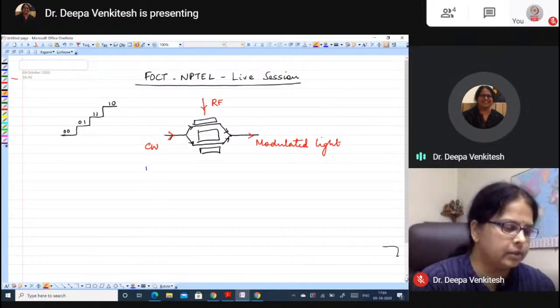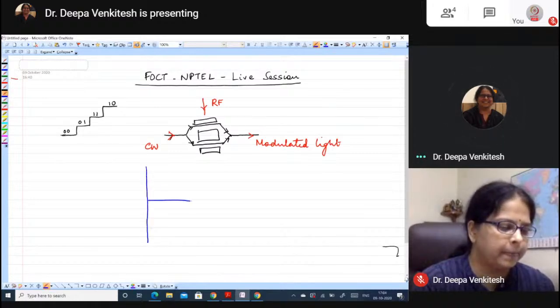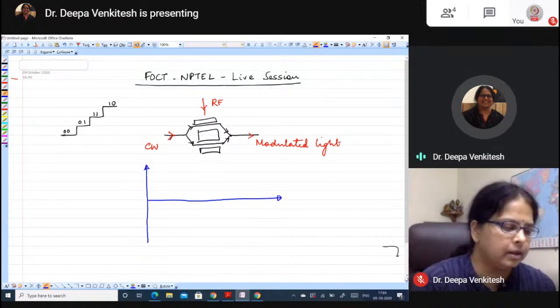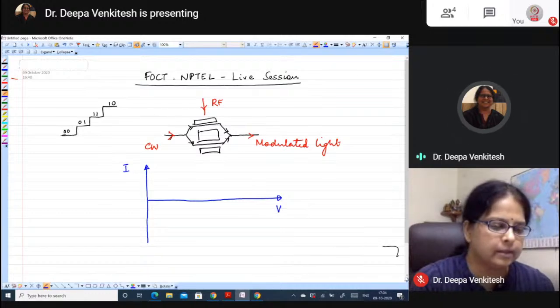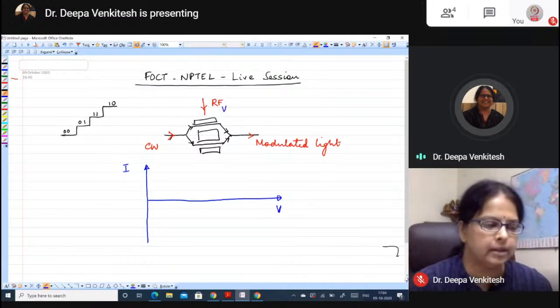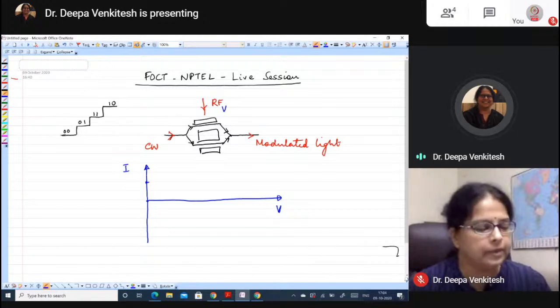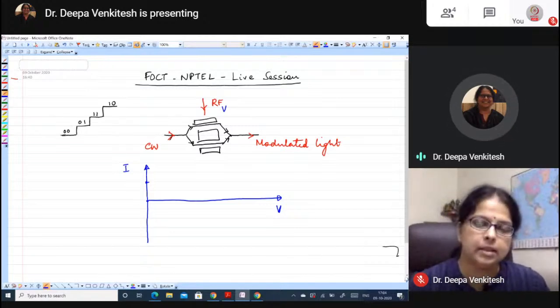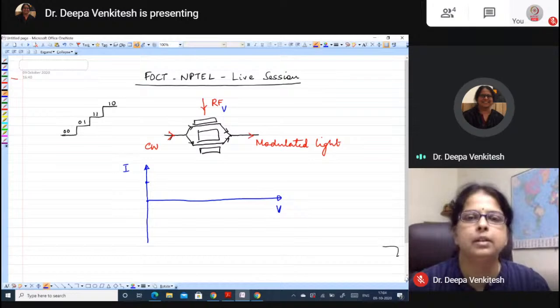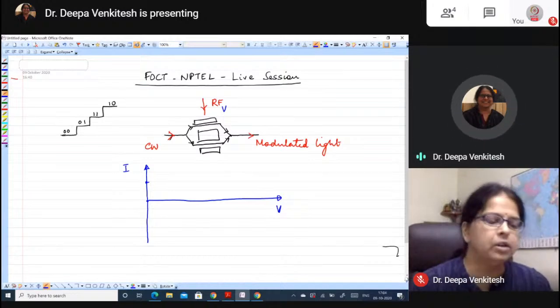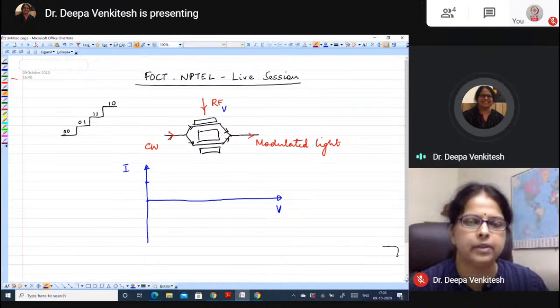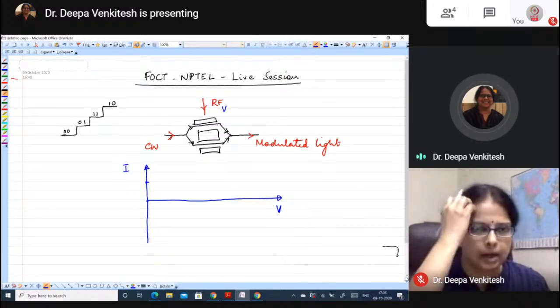Now, if you look at the transfer function of the modulator, which is your output intensity versus the voltage that you apply here, let's say that 0 volt corresponds to completely constructive interference. That need not be the case. There is an assignment problem where you will see that 0 volt need not correspond to complete constructive interference, as there could be some residual phase difference between the arms.